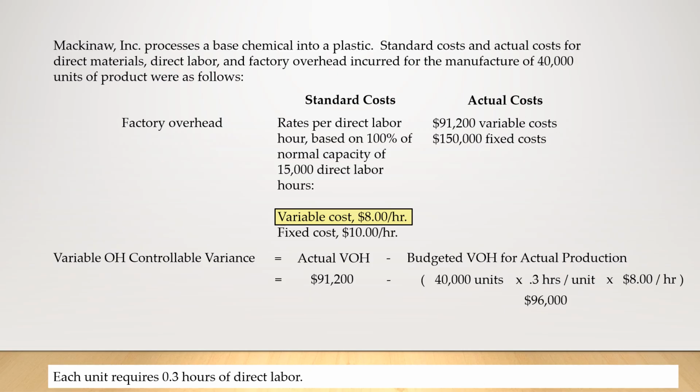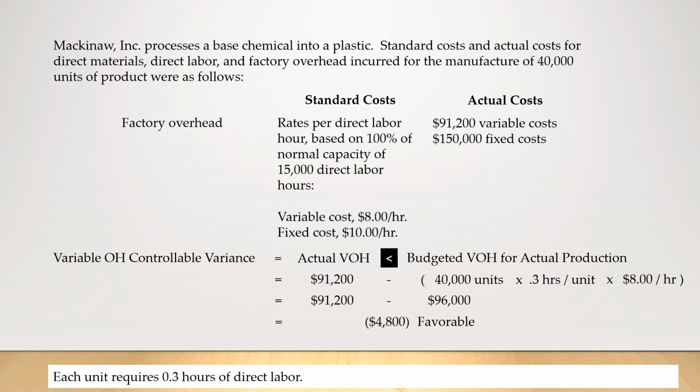Subtract this number from $91,200. And the variable overhead variance will be $4,800. Favorable or unfavorable? Favorable, because the actual variable overhead is less than what we budgeted.